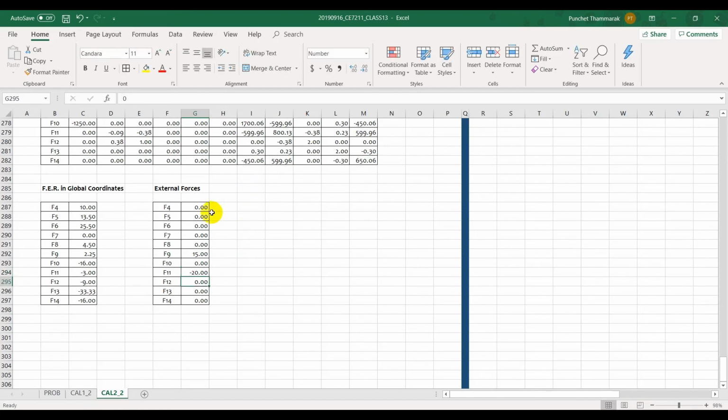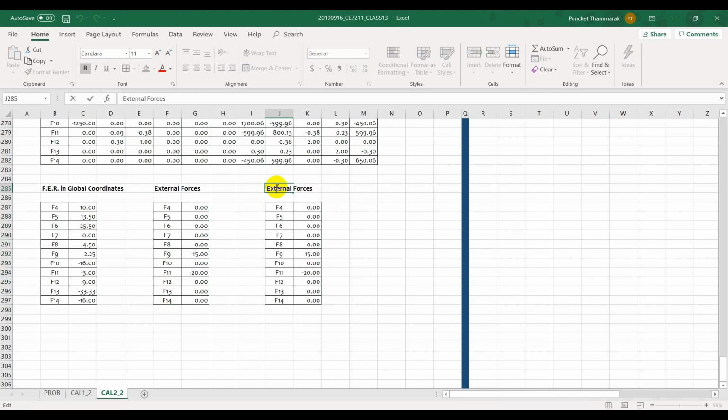So the external forces minus fixed end reactions in global coordinates is going to be here minus here. Control Shift Enter.